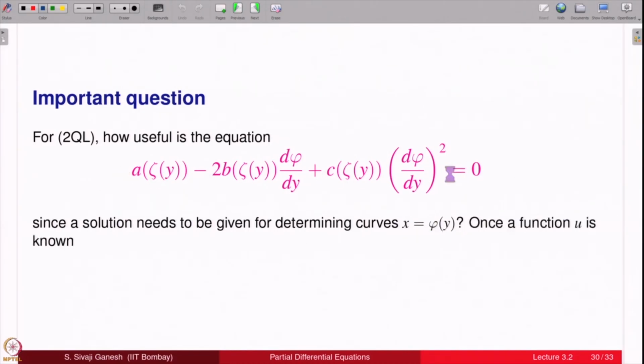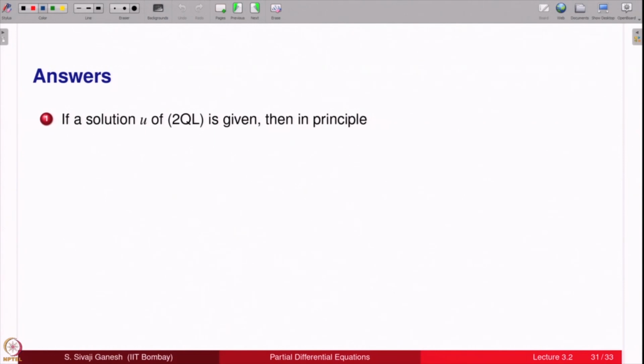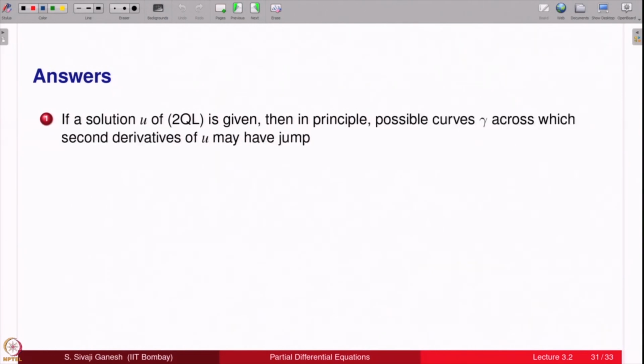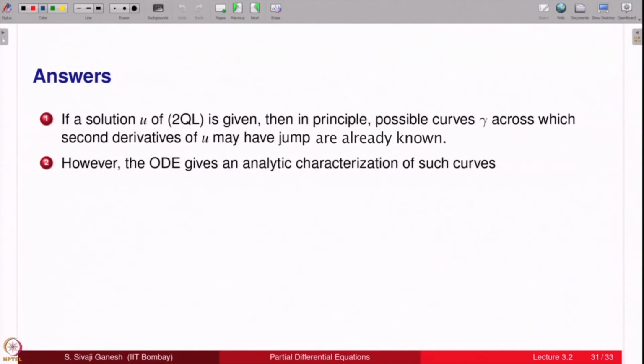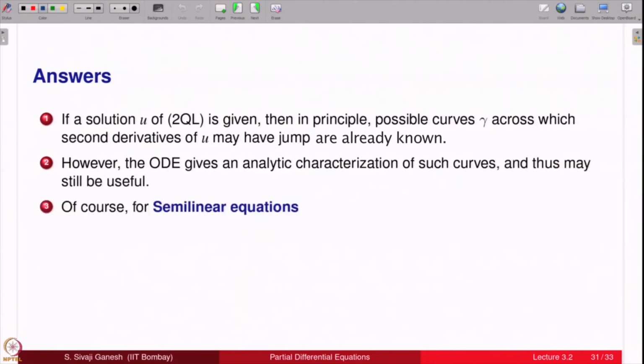Once the solution is known, can't we find curves of discontinuity directly? Do we still need to solve this ODE? Answer: if a solution is given, then in principle possible curves gamma across which second order derivatives may have jumps are already known. However, the ODE gives an analytic characterization of such curves and thus may still be useful.